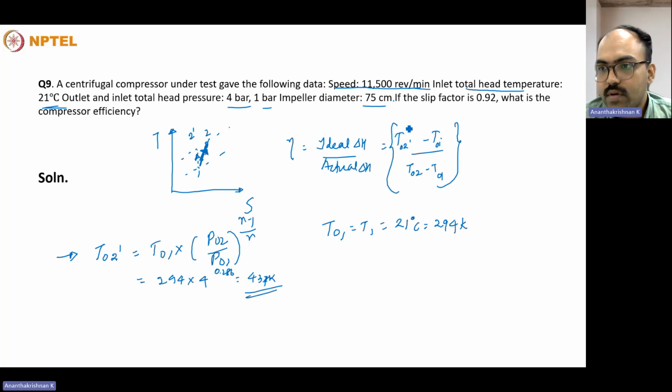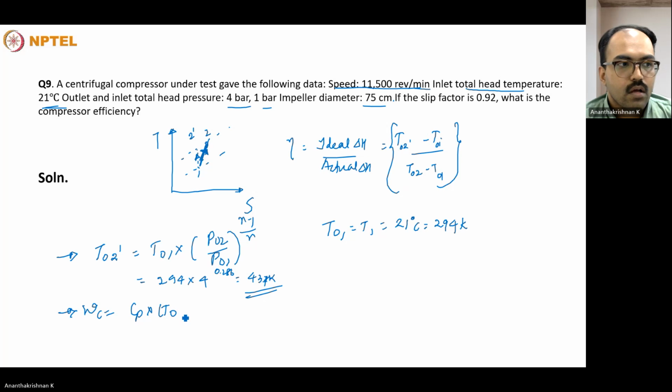So we have got this value for the ideal part, but in order to get the actual one, we have to take into account the slip factor and the final actual temperatures. We can get it from the compression work. So the actual compressor work will be equal to Cp into T02 minus T01.